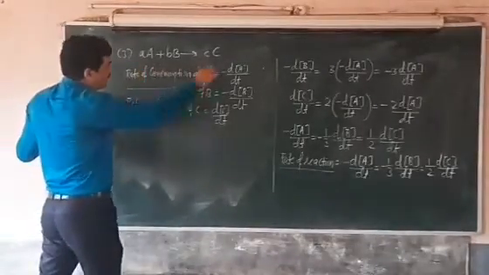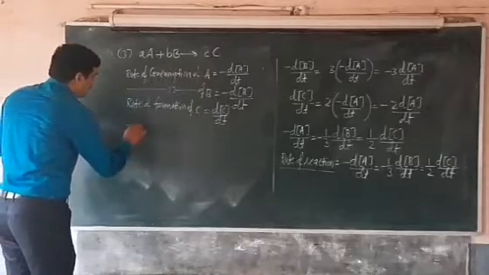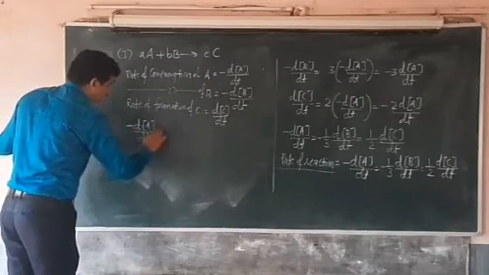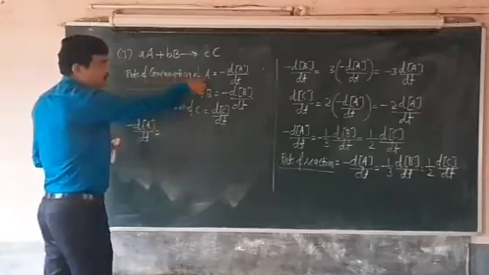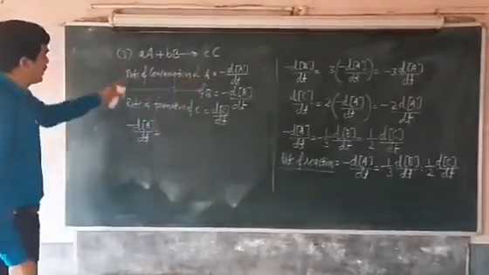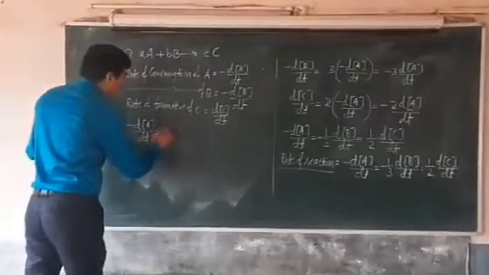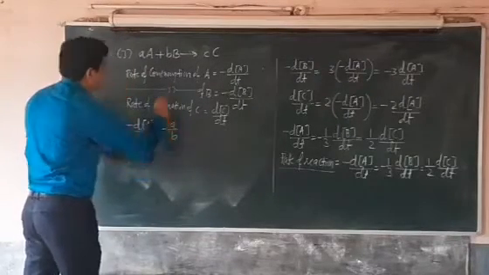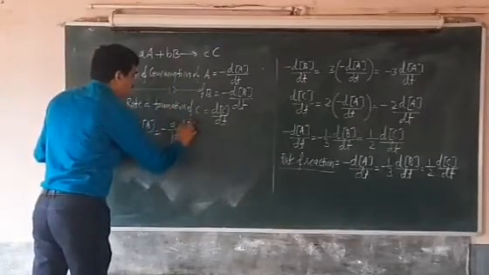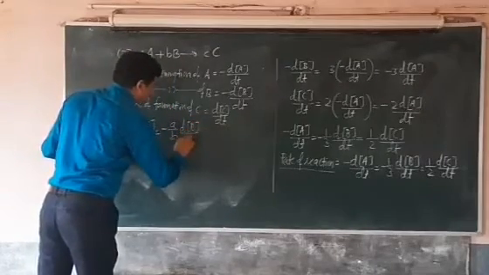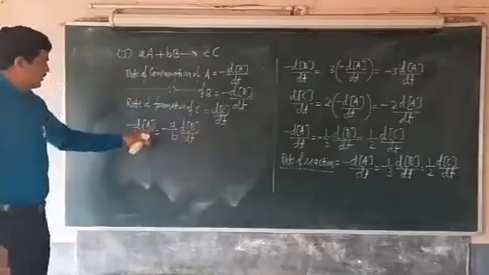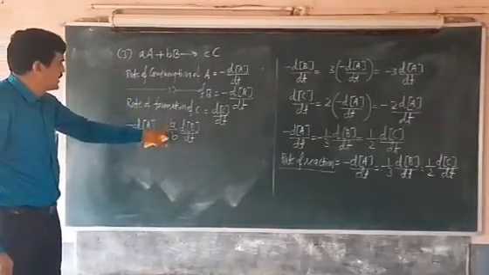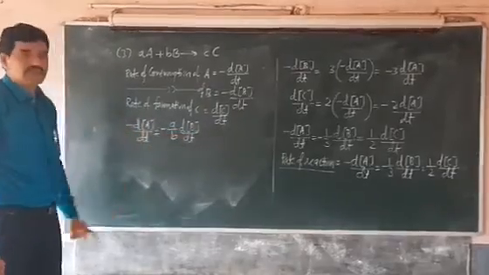When we relate them with each other, minus dA by dt, which is nothing but the rate of consumption of A, will become equal to minus a by b dB by dt. This means the rate of consumption of the reactant A will be equal to minus a by b dB by dt.